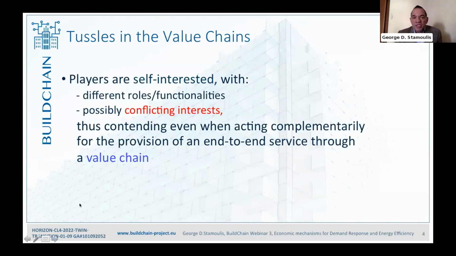So this, in some cases, is referred to as a tussle in the value chain. That is the fact that although these providers coexist and interoperate, at the same time they are engaged in economic conflicts.